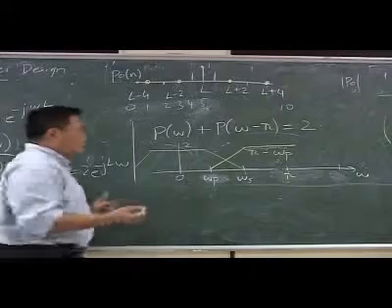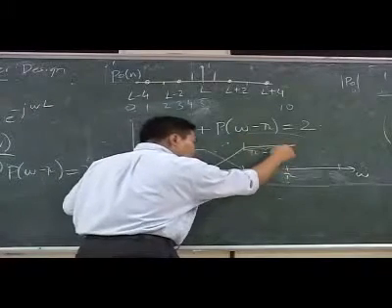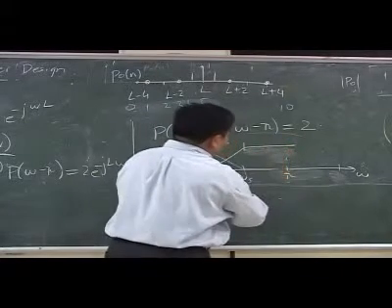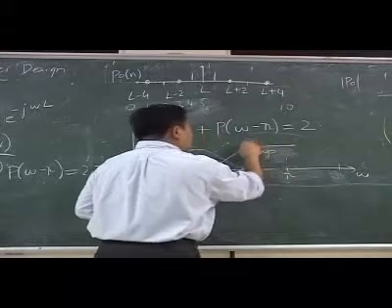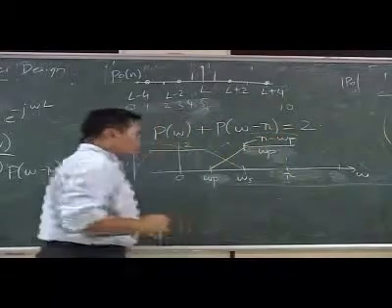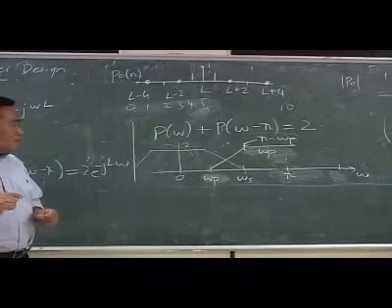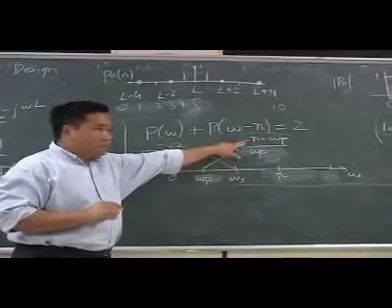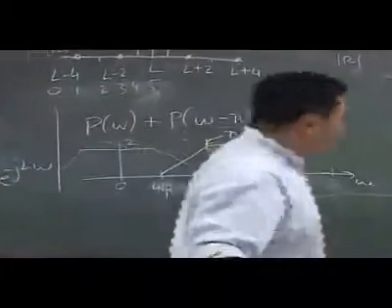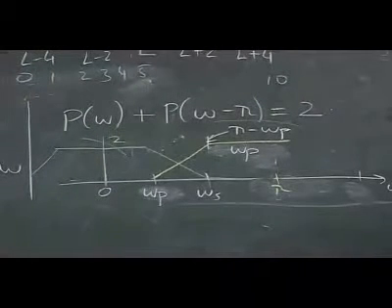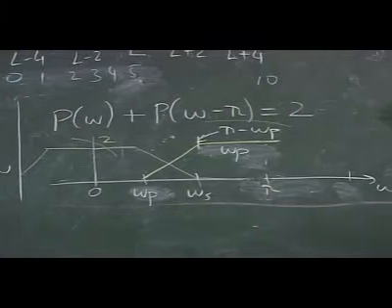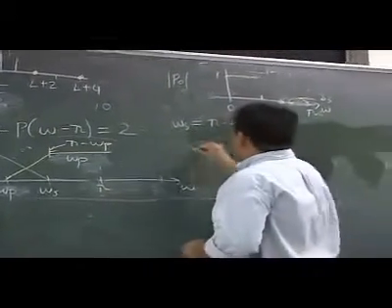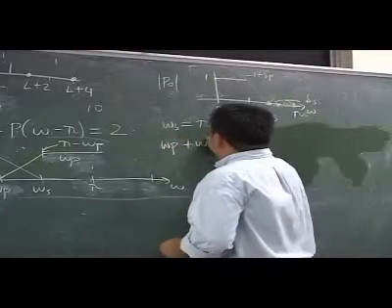No, sorry, this is omega t. Thank you. This is pi minus omega t. Is that right? Okay, good. So we're saying that omega s has to be equal to pi minus omega t. So the conditions are omega s equal to pi minus omega t, or omega p plus omega s equal to pi.